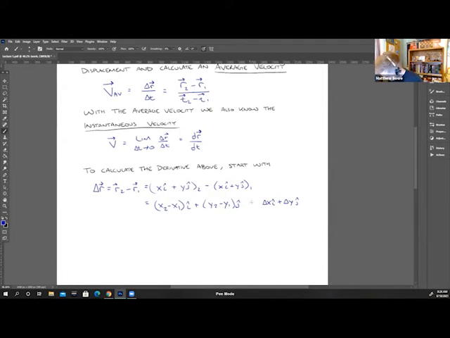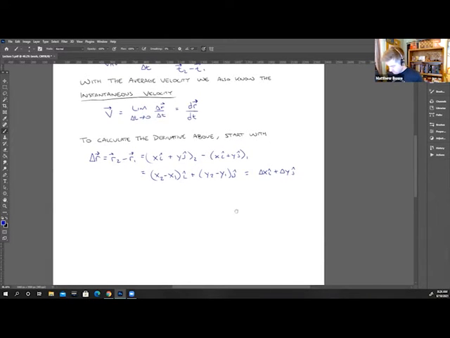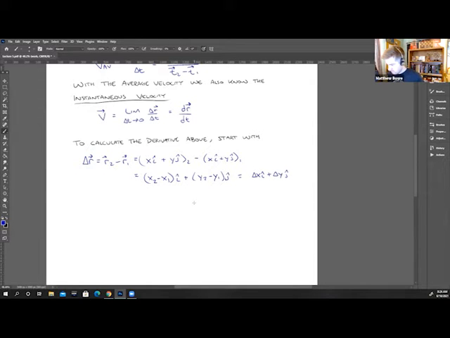Actually, let me just put an equal sign. All right. So we have this representation of the position vector r, the displacement of x in the x direction and y in the y direction. Now let's plug that into the equation up here for velocity.